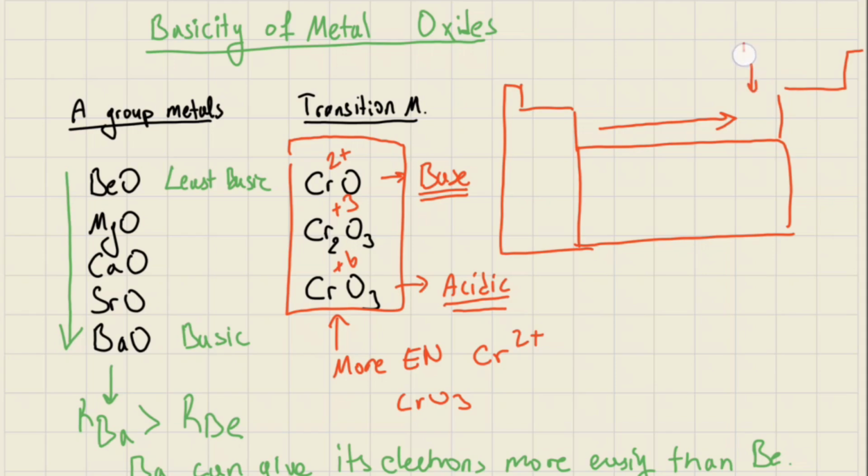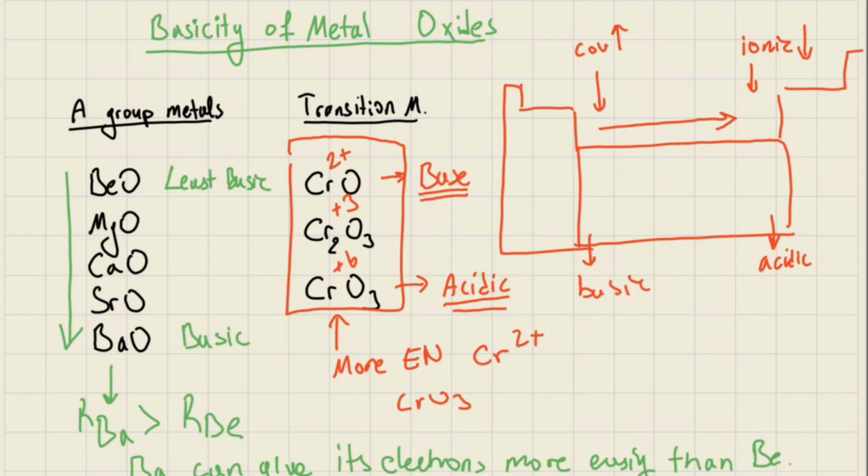Here, ionic character decreases, but here, covalent character increases, and oxides become less basic from left to right. They become more acidic here and more basic here.